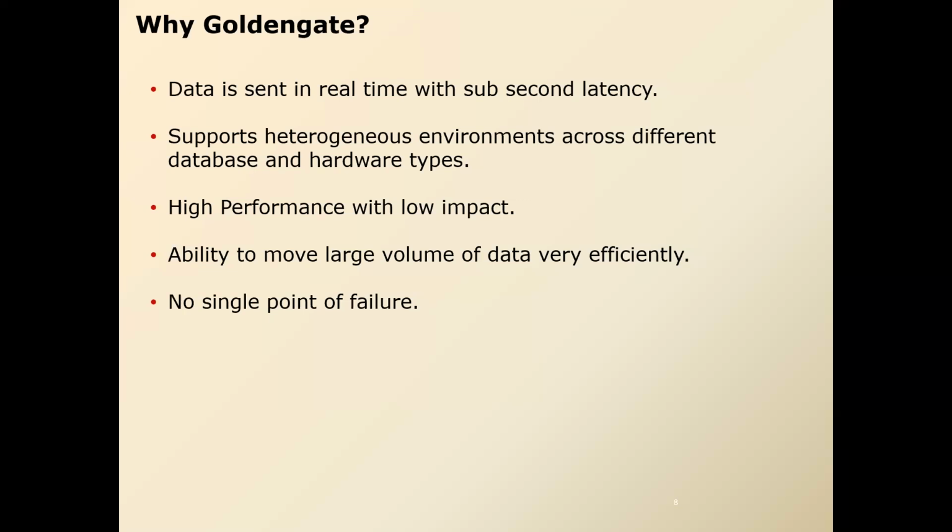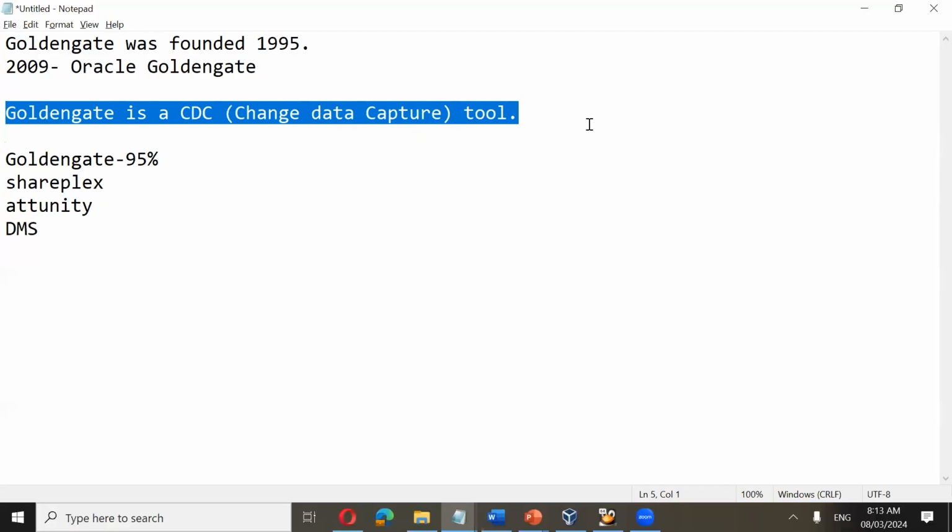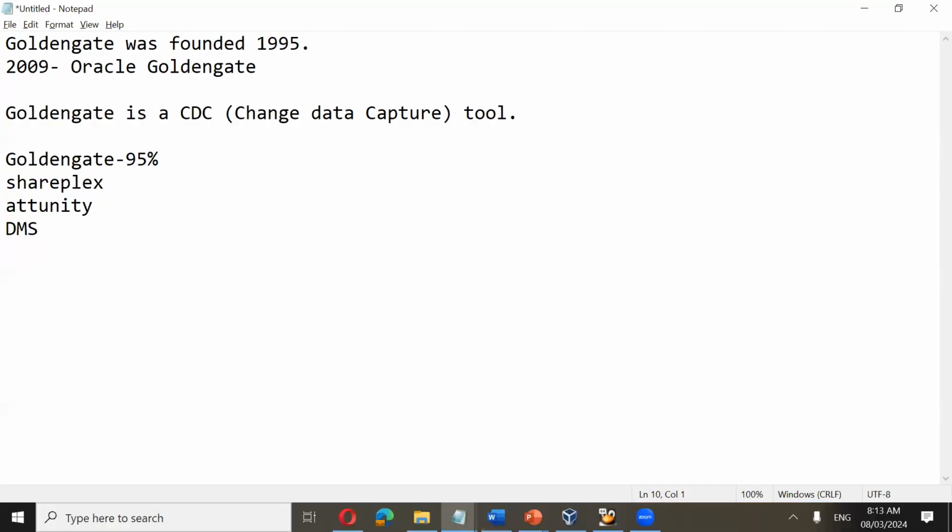The financial reason is, you must have heard a lot of organizations sign an end user license agreement with Oracle. Goldengate is a costly product, right? It is not free.